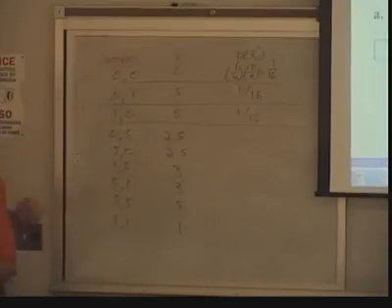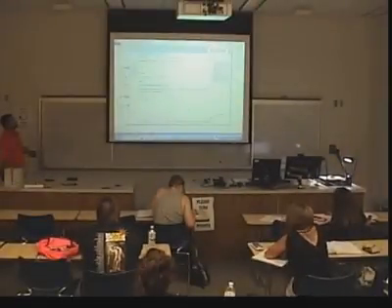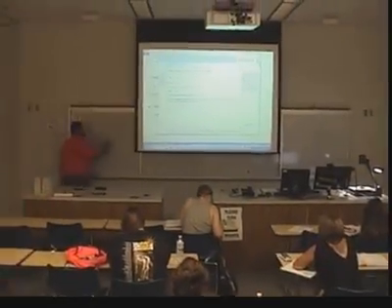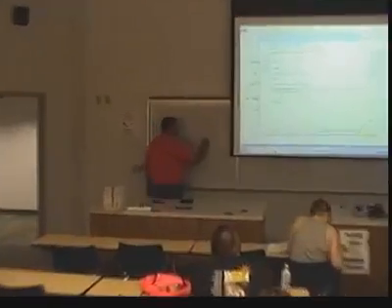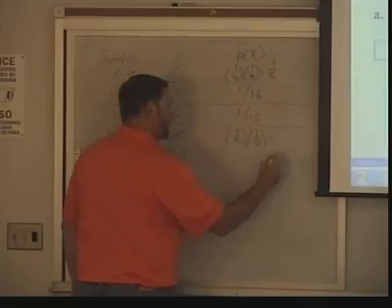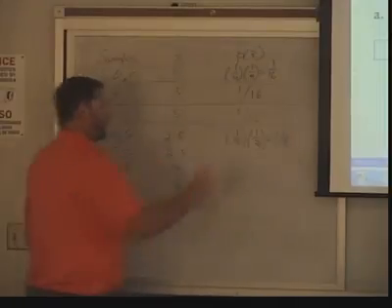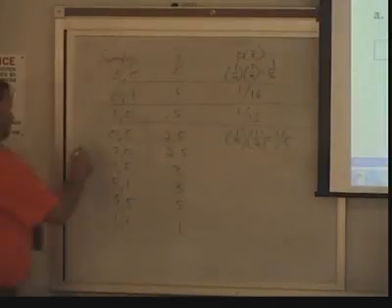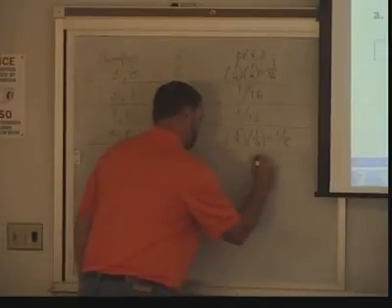So what's my probability of getting a 0 and a 5? What's my probability of getting 0? What's my probability of getting 5? What's 1/4 times 1/2? 1/8. So this one's going to be 1/8.